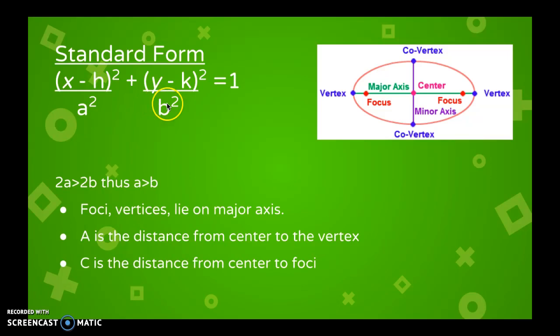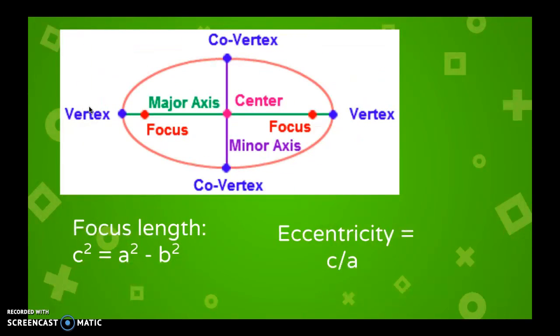If we have a squared switched over to come under the y, then this will switch around, whereby the major axis is now on the vertical axis, which is the y axis. So just keep those two in check. If you have a situation where you have to determine whether this is a vertical or a horizontal ellipse, then the position of a squared will help us note which it is.